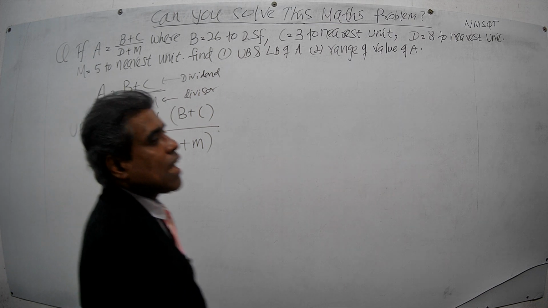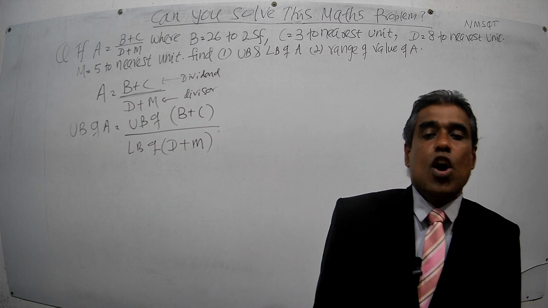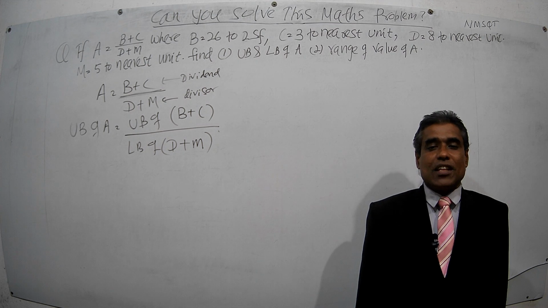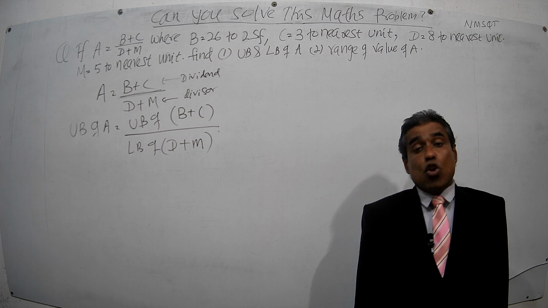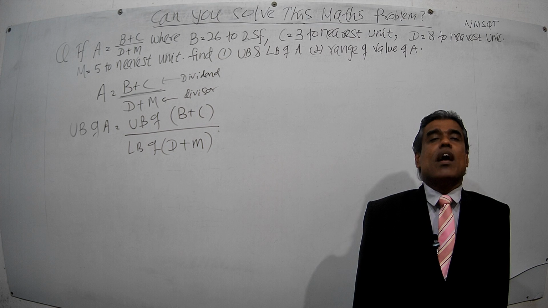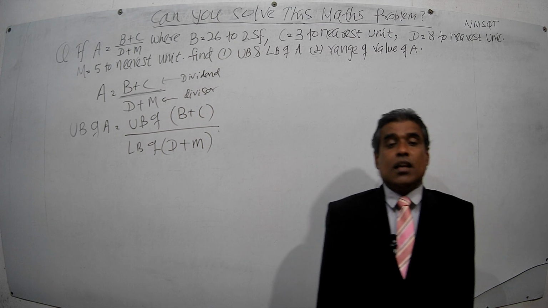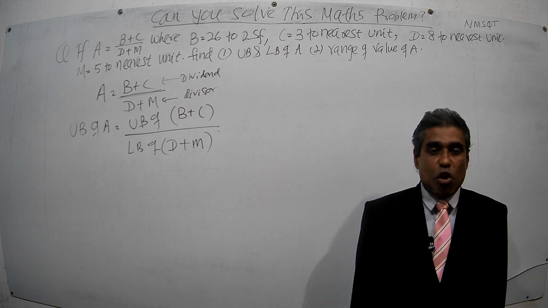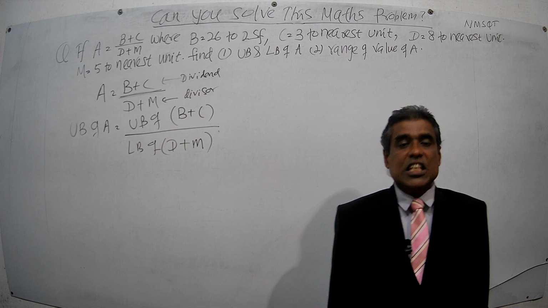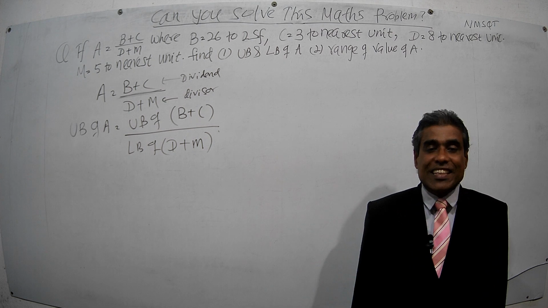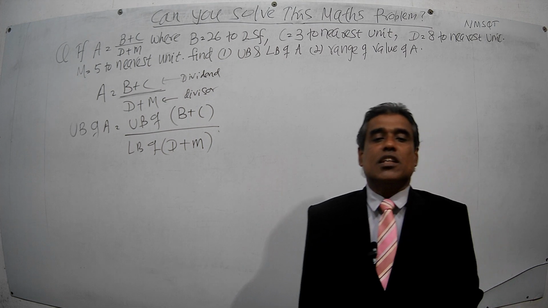Then we have learned another formula for finding the lower bound of a quotient. How do you find the lower bound of a quotient? Simple formula. The lower bound of a quotient equals the lower bound of the dividend divided by the lower bound of the divisor. I'm sorry, I made a mistake. The formula for the lower bound of a quotient is the lower bound of the dividend divided by the upper bound of the divisor.